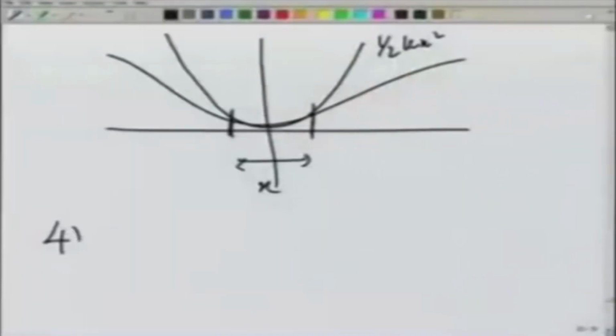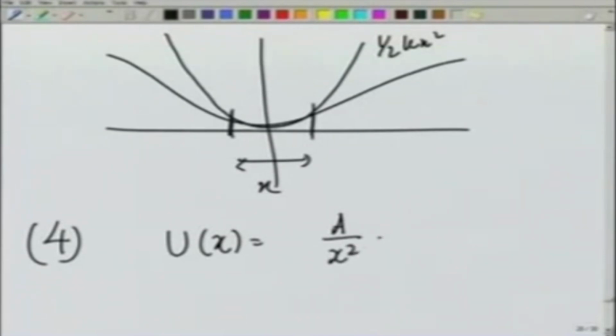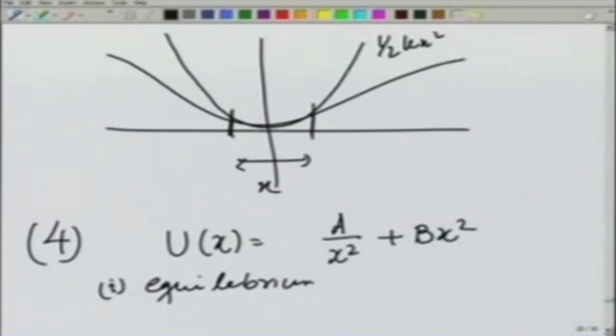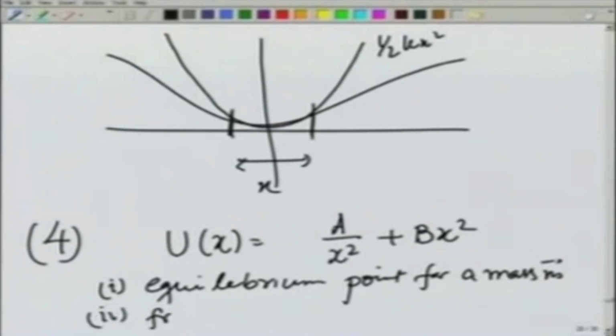As a fourth example, I would like you to consider a potential of the form A over x square plus bx square and calculate the equilibrium point for a mass m, and calculate the frequency of oscillation when you displace this mass from the equilibrium point.